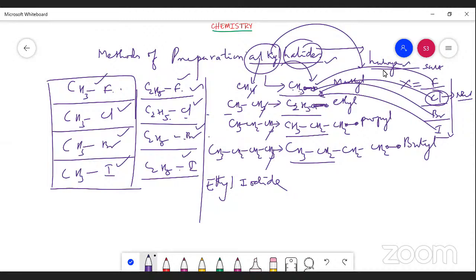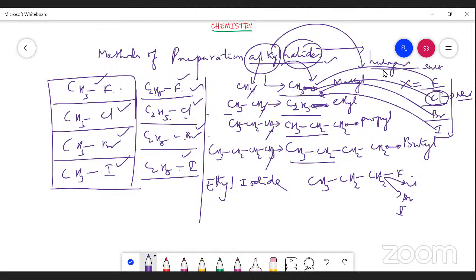What are the chemical methods we use to prepare these halides? For example, take the propyl group. Propyl is attached with the halogens: fluorine, bromine, chlorine, iodine.